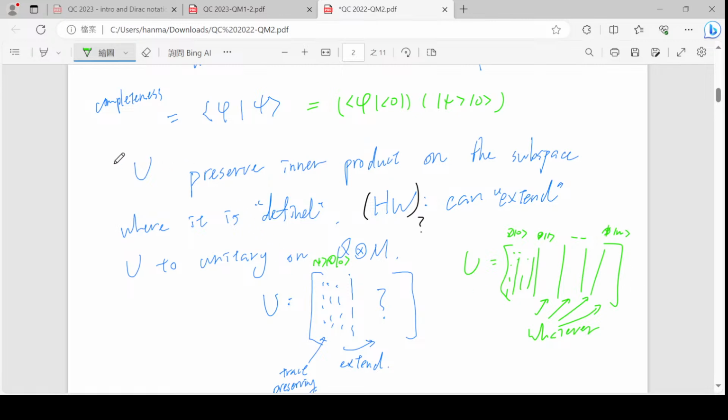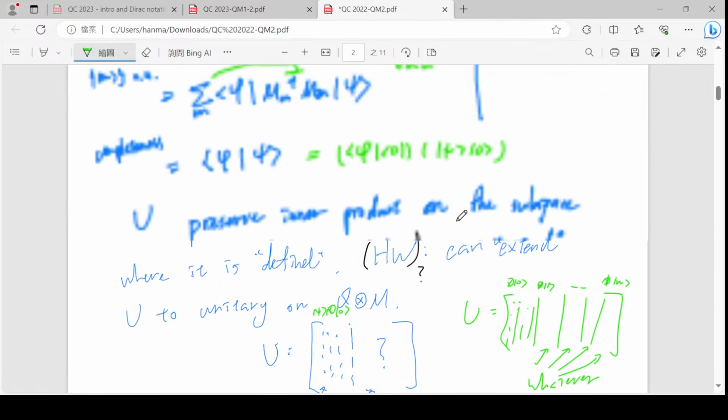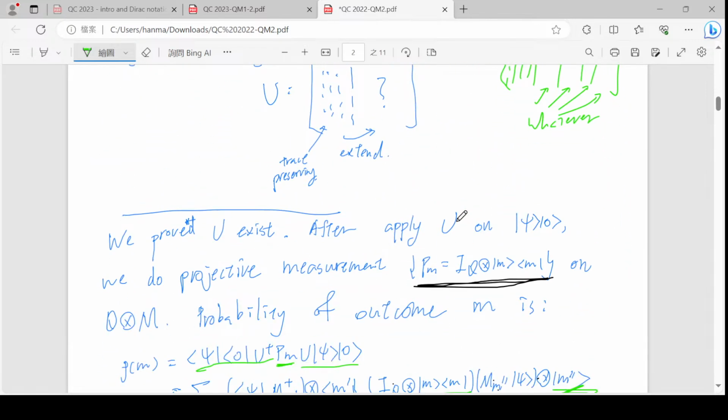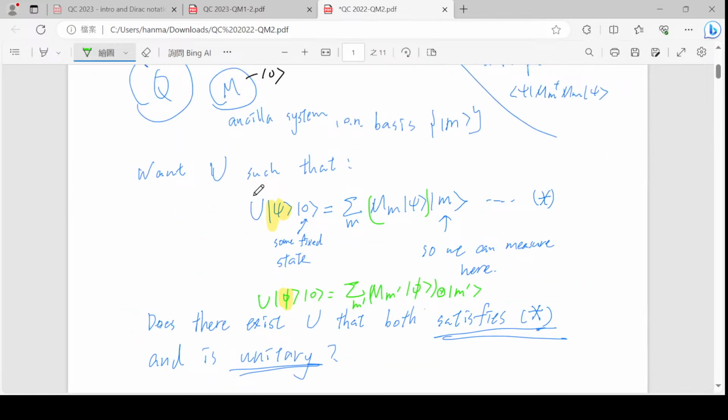And we know, and you can check it really easily, that if every column is also normal to each other, then U is a unitary matrix. Okay, so that's the proof. We claim that this U exists.